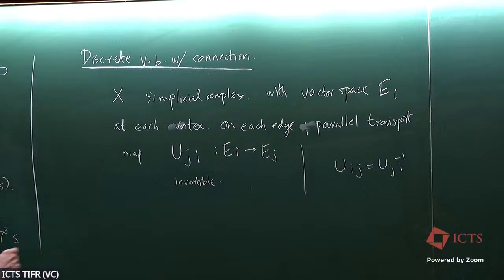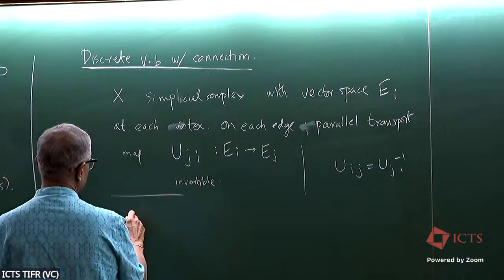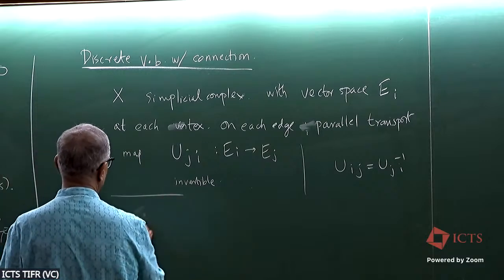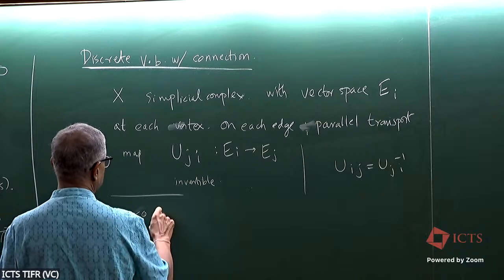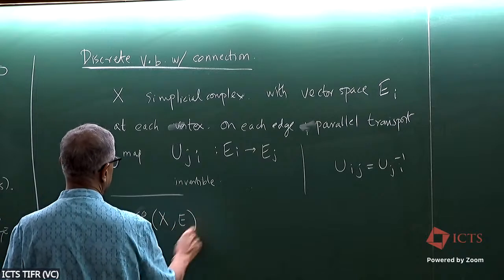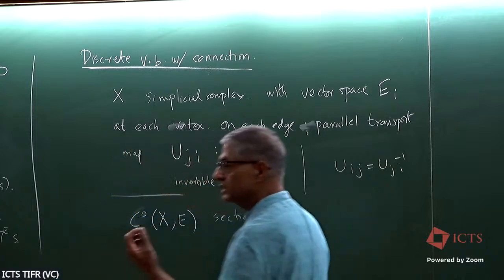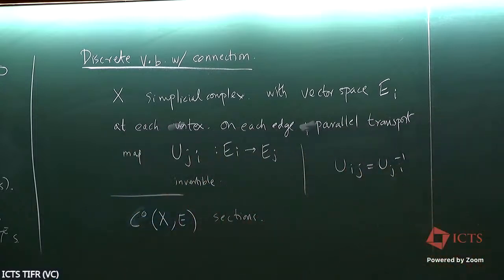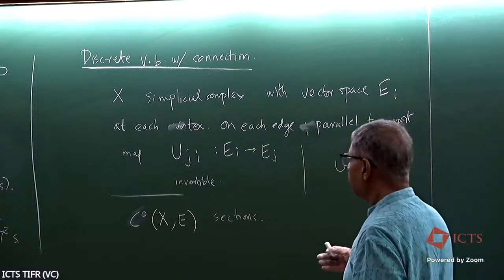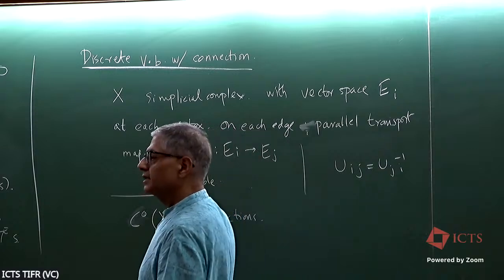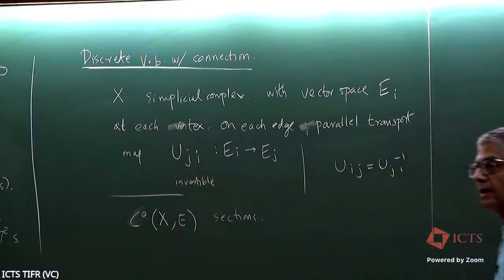A section, so we'll start using this terminology, is a choice of a vector at every point from this E_i. This will be the space of sections. So the covariant derivative information is captured in these parallel transport maps.